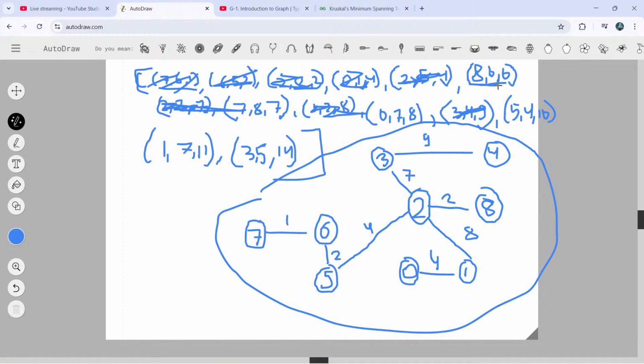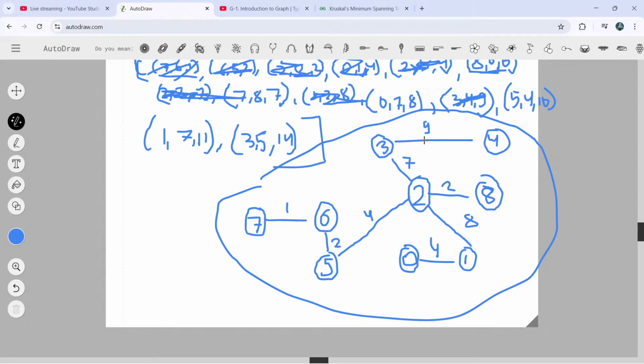First of all, we have to prove how this will be the minimum, how can we say this is the minimum. Since we have picked up the smallest weights, this will by default get us the minimum spanning tree. Out of all formations that we can create, this will be the minimum because we are picking the minimum weight first.